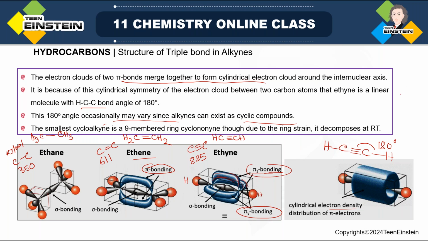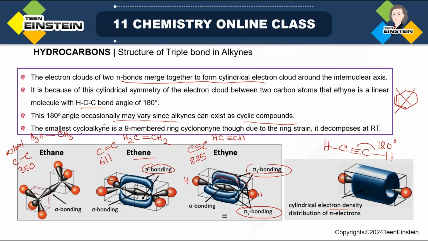Even if I consider a 6-membered ring, you cannot place a triple bond here, because 180 degree angle maintenance is not possible. When the ring size is increased, you can place a CC triple bond, because now the angle can approach 180 degrees. But with a 5-, 6- or 7-membered ring, you cannot expect a CC triple bond inside the ring, because a 180 degree angle cannot be achieved, right?